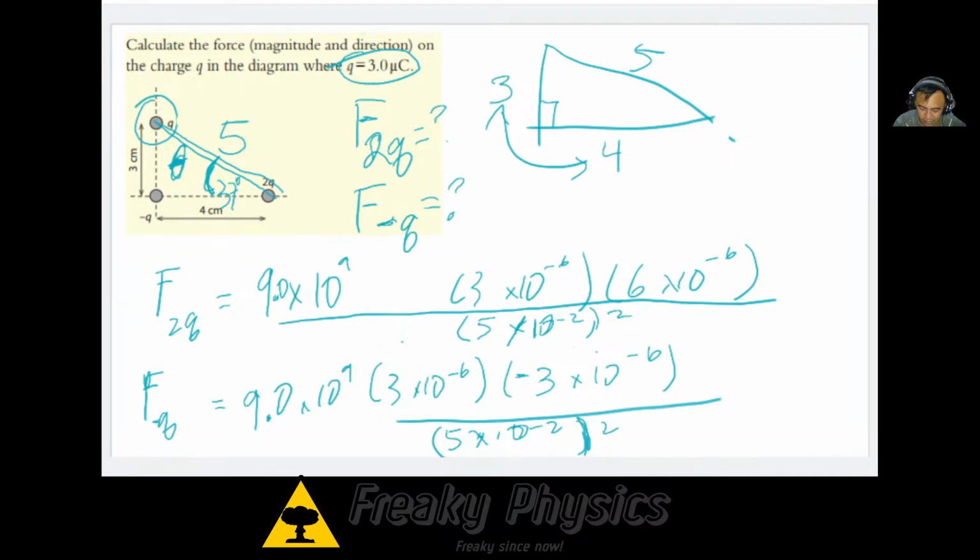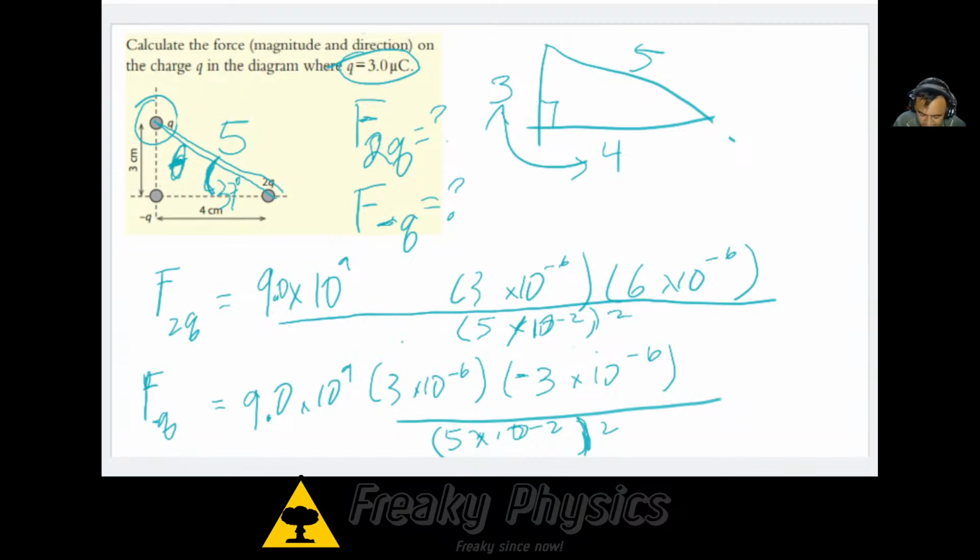Okay, all I gotta do is do the other one. So 9 exponent 9 times 3 exponent negative 6 times 3 exponent negative 6 again, then divide that by 25 exponent negative 4.